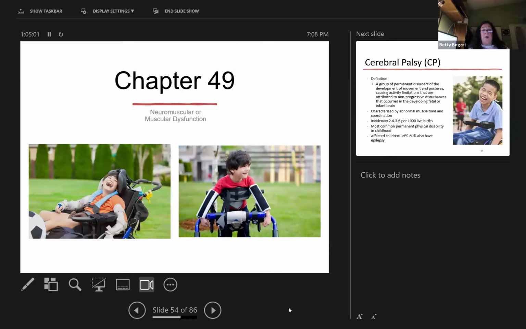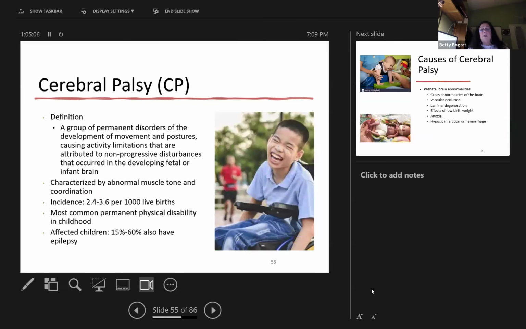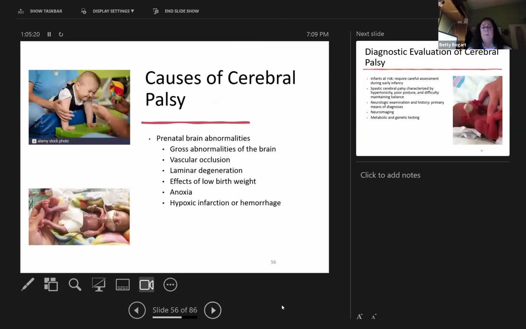All right, let's go into neuromuscular dysfunction. When we think of neuromuscular, one of the diagnoses we think of is cerebral palsy. We know that this has to do with muscle tone, coordination, and posture. So what causes cerebral palsy? Why don't the muscles work the way they should?